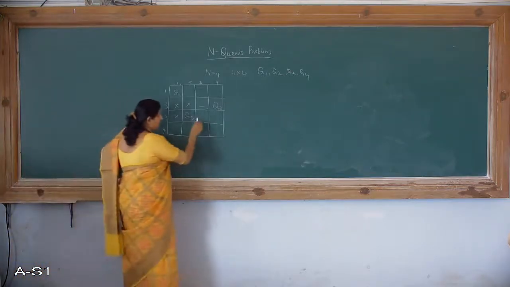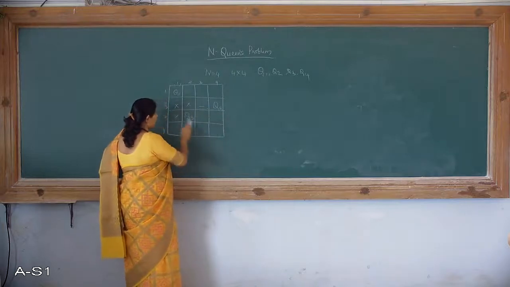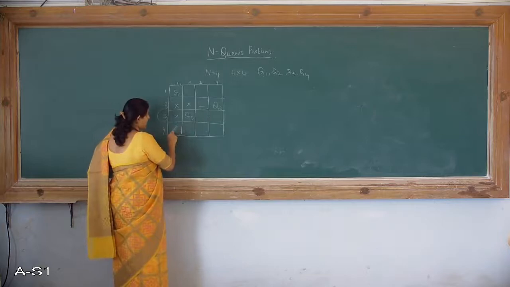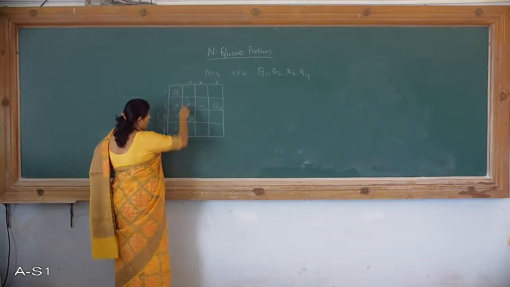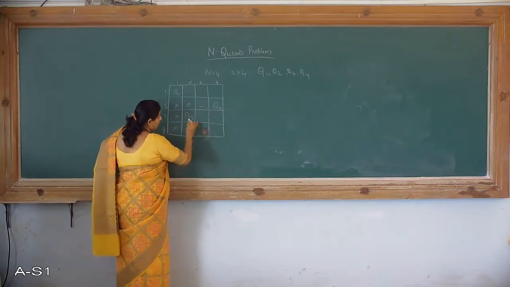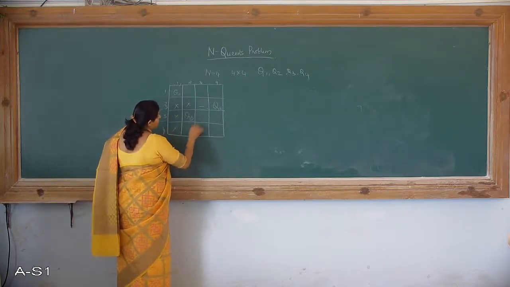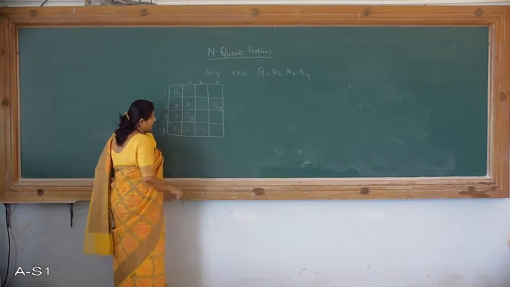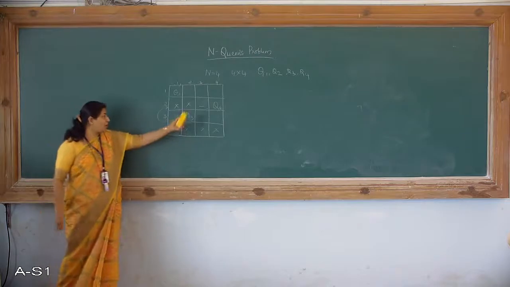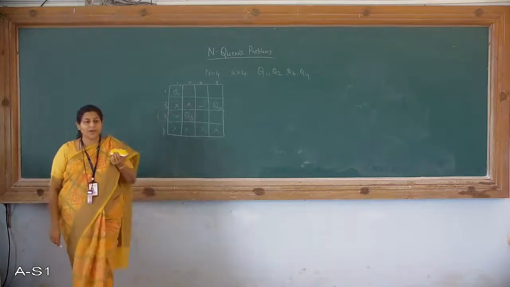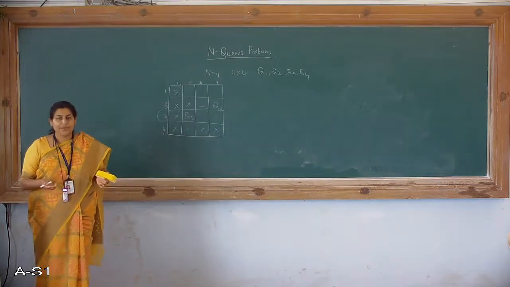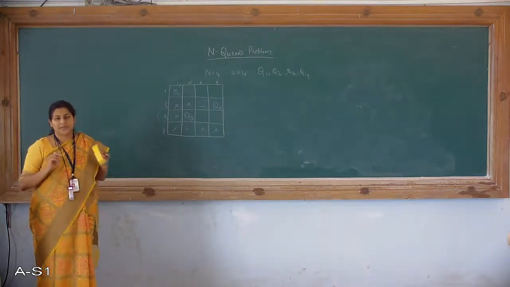Then definitely there is no question of this here. Let me go to this. So I cannot place here because it is of queen 2. Now this is of queen 3. There is no queen here, but diagonally I cannot place here because this is the diagonal element, and I cannot place here because queen 2 is already there in that particular column. Then where will I place my queen 4? So this is not possible.